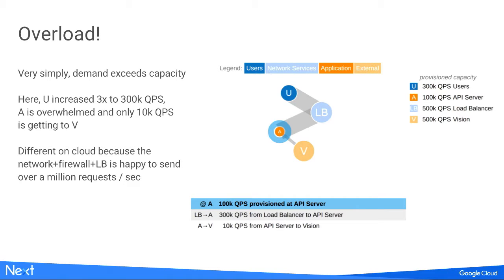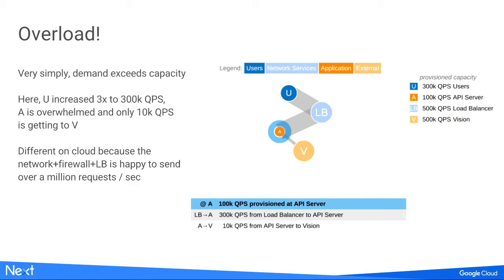So, number 1 cause of downtime is you just get overloaded. You have a success disaster. Imagine you launch a really great video game and people like it 50 times more than you thought they would. This happens all the time on cloud because we have really great networking and scaling all around your application.